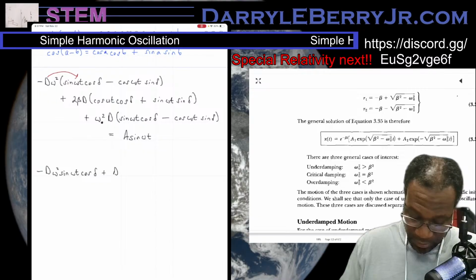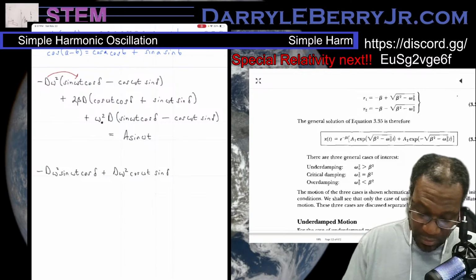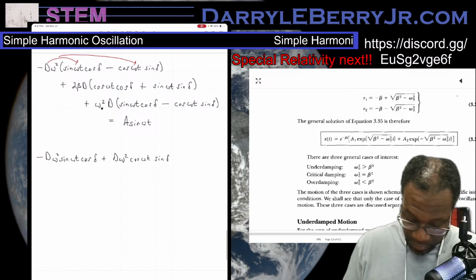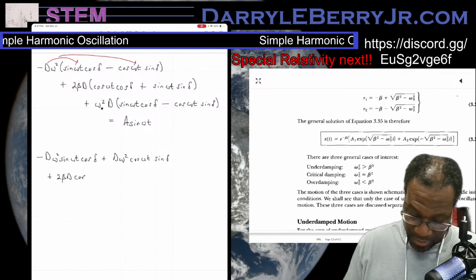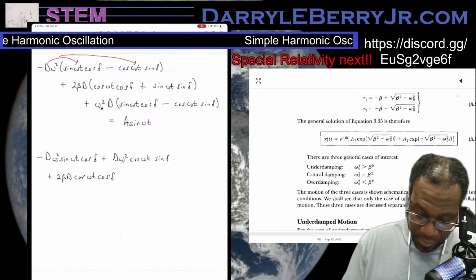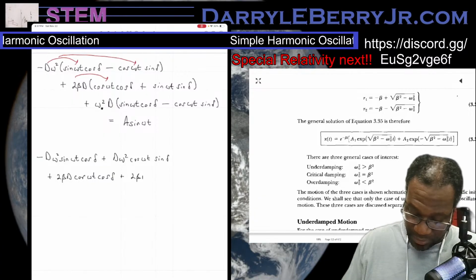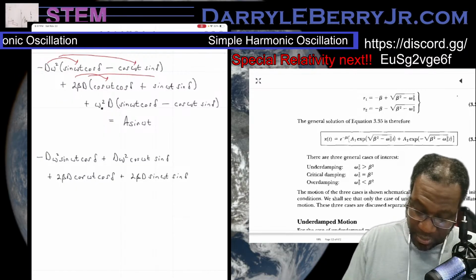Plus D omega squared cosine omega t sine delta, and that's distributing this here. The two negatives make a plus. Then plus 2 beta D cosine omega t cosine delta. That's distributing this here. So we have plus 2 beta D sine omega t sine delta, and that's distributing this here.